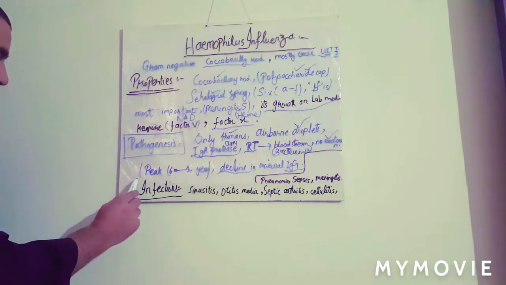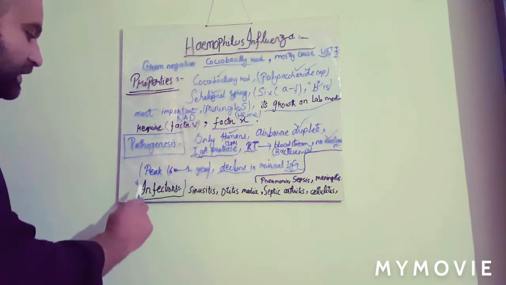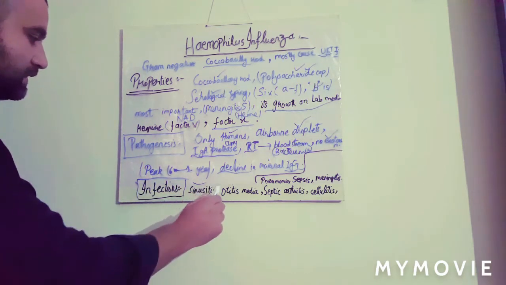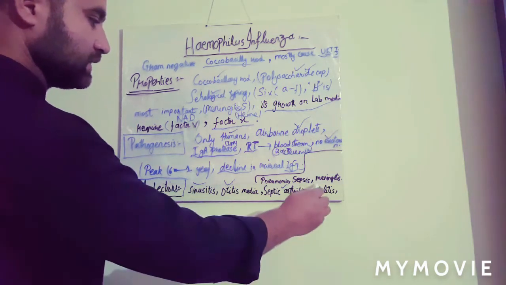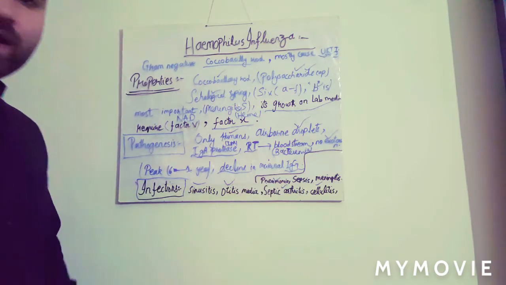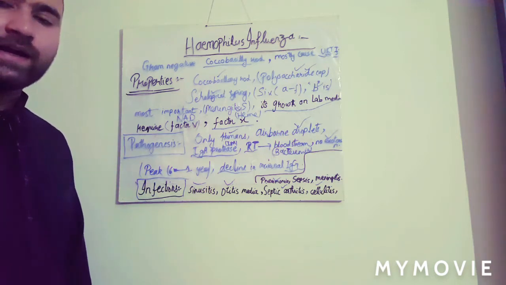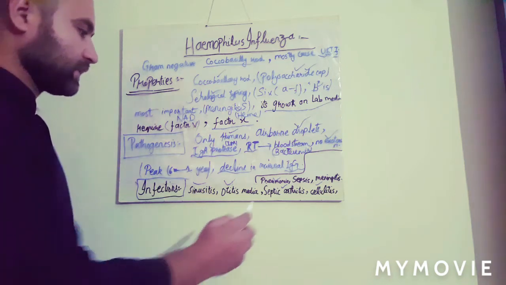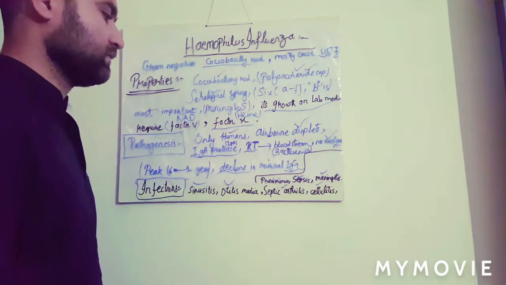What are the infections that are caused by Haemophilus influenzae? The infections caused by Haemophilus influenzae are sinusitis, otitis media, septic arthritis, cellulitis, pneumonia, but pneumonia is mostly caused in adults, mainly the adults who have chronic upper respiratory tract infections, sepsis and meningitis.